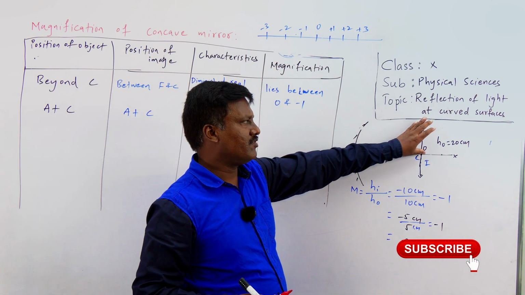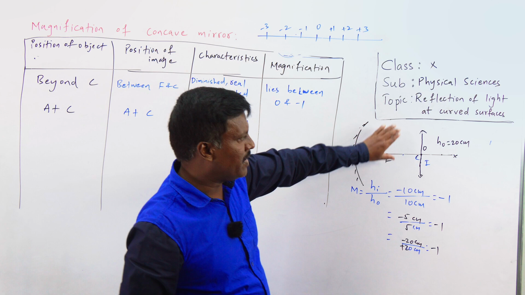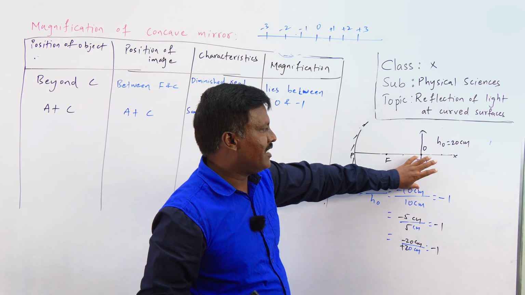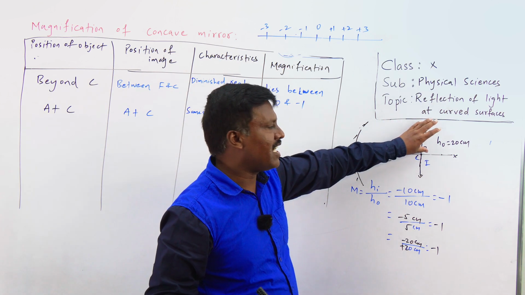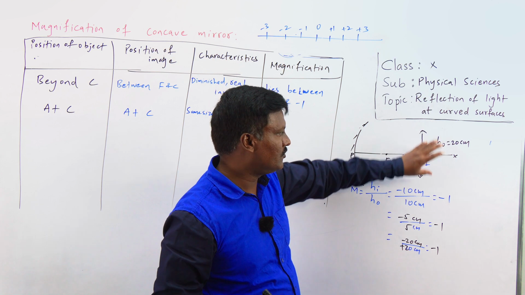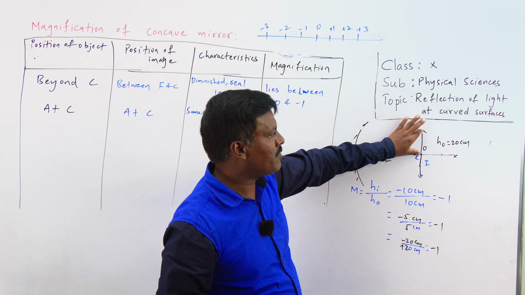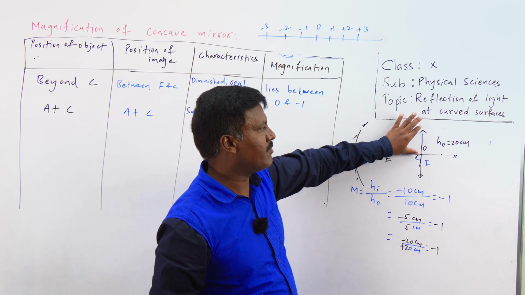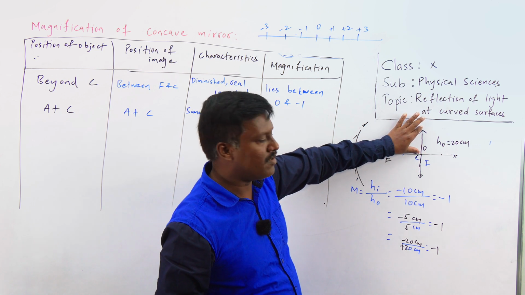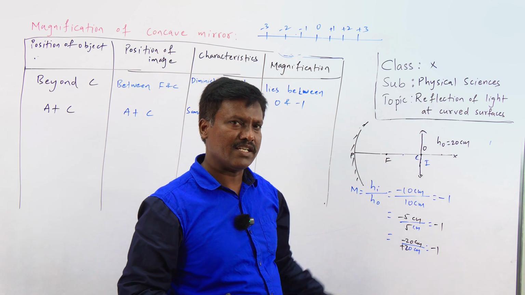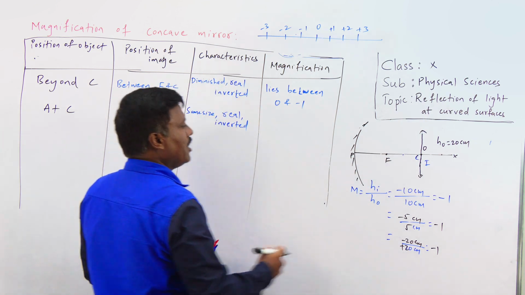Whatever the height of the object, when you place it at C, the image is formed with the same size. If the height of the object is 20, the image is also 20. If the height of the object is 5, the image is also 5. If the height of the object is 10 centimeters, the height of the image is also 10 centimeters. So from this, what do you understand?